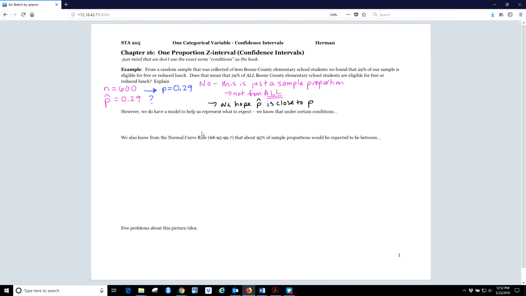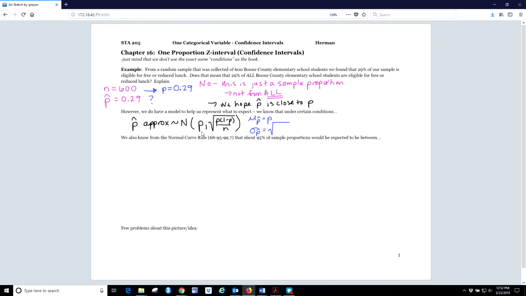So let's talk about things we already know. We've already talked about the sampling distribution of our proportion. That means we know that under certain conditions, my p hat, my sample proportion, is approximately normally distributed with a mean of p and a standard deviation of the square root of p times 1 minus p over n.